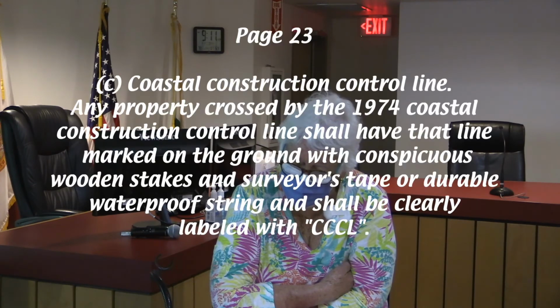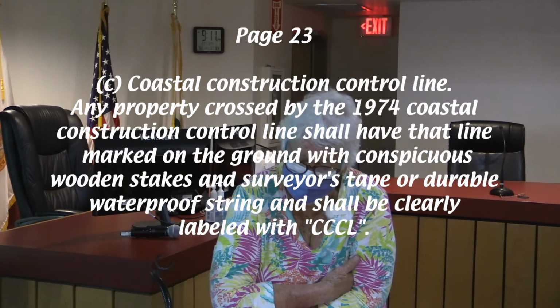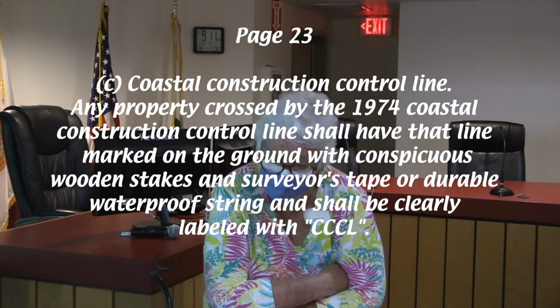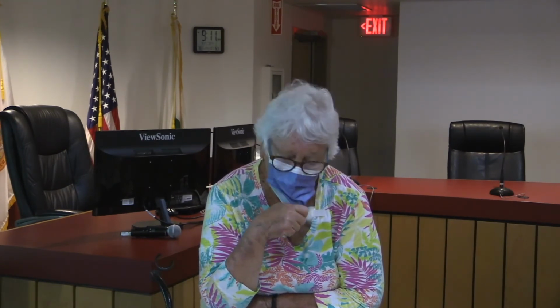The coastal construction control line. Any property that's crossed by the 1974 CCCL line shall have that line marked on the ground with conspicuous wooden stakes and surveyor's tape or durable waterproof string, and shall be clearly labeled. Now that's very important, because you are going to see it along the Gulf properties.